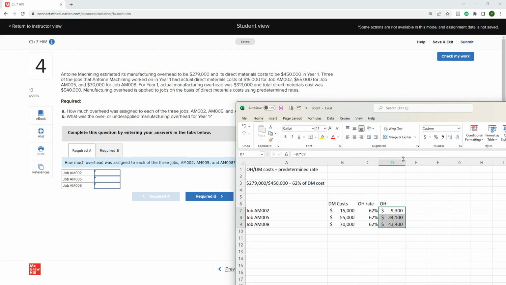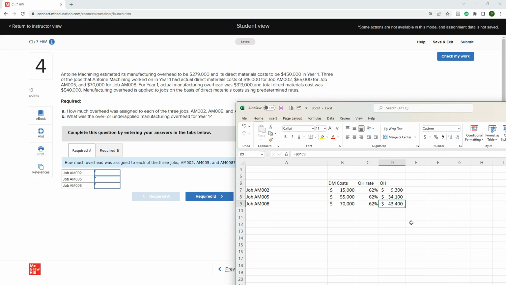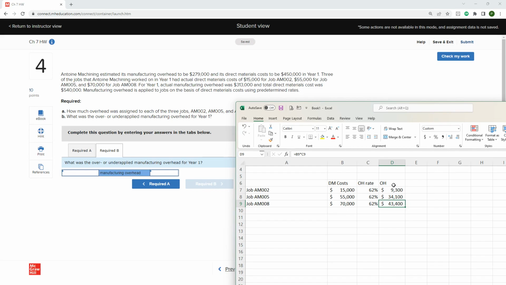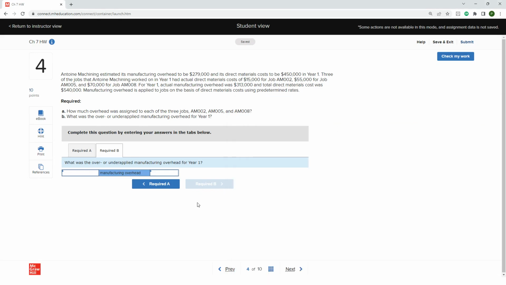$43,400 for job 8. For part B, we need to figure out whether the overhead was over applied or under applied. So for this question, it seems to indicate that we didn't only have 3 jobs in this year, we had many more jobs. And the reason why it looks like that is because the direct materials costs for these 3 jobs were $15,000, $55,000, and $70,000.